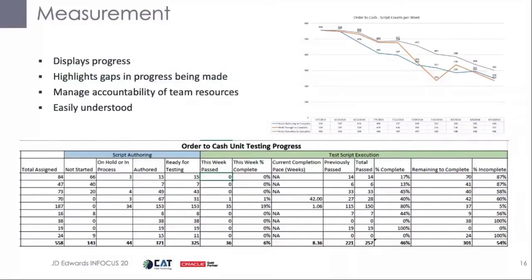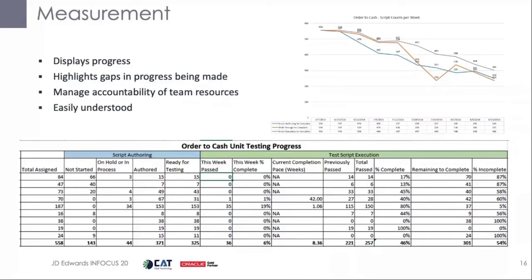Maybe there are a couple of team members in a given business unit or business line who just can't seem to get that testing done because of competing priorities or whatever that happens to be. We want to make sure that we can manage the accountability of those team resources. And last but not least, it's got to be understood by the team. They need to be able to use that as a guide.